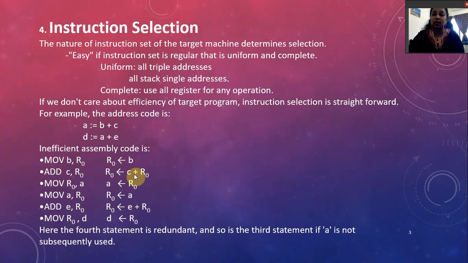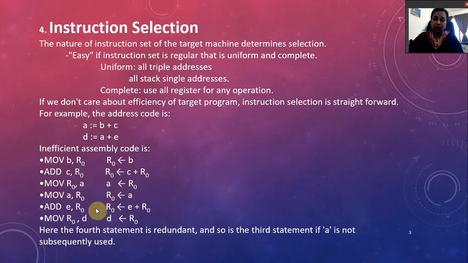Now if you see here, it seems well and good, but then in the movement of a, you move the content of register R0 to the memory location for the variable a, and then in the next step you move the content of the same memory location back to a register.